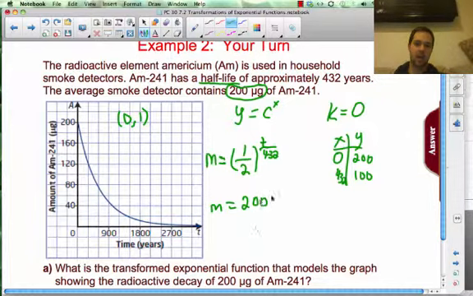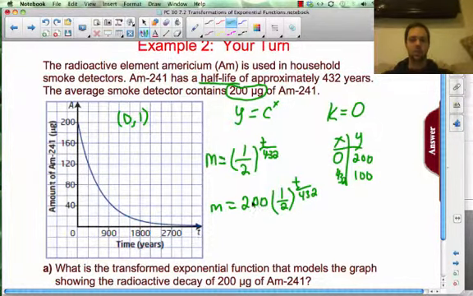So A ends up being 200, the multiplicative factor, and this represents the half-life. So after t divided by 432 years, we will have 200 grams turn into half of that, which is 100 grams. So that makes sense that after 432 years, our 200 grams will have become half of its original sample size.